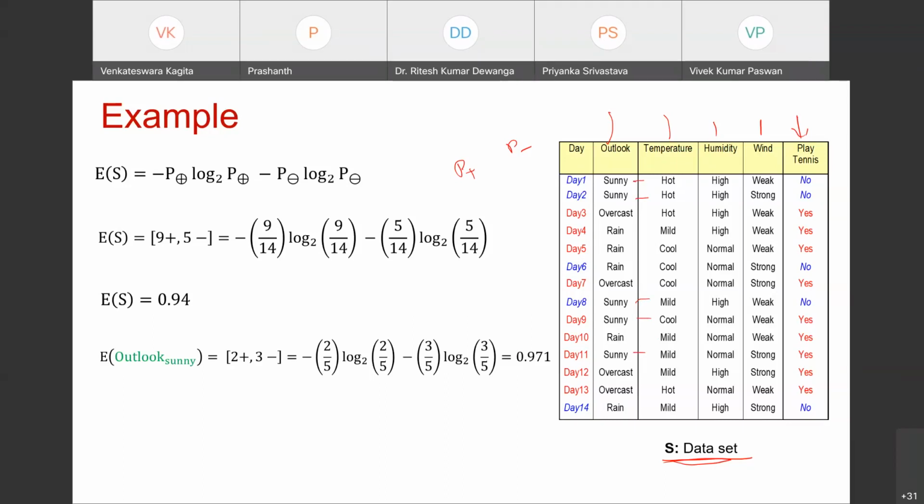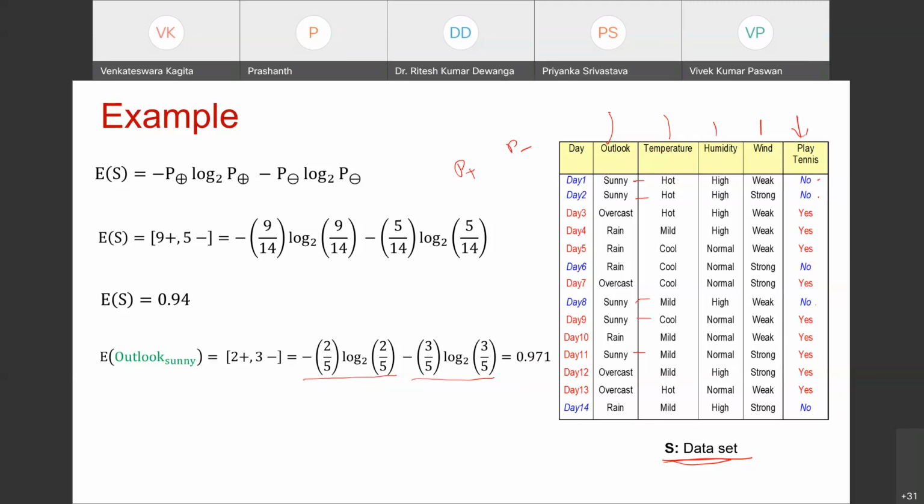How many of them are yes and how many are no? 3 of them are no, 2 of them are yes. So P positive is 2 by 5 and P negative is 3 by 5. Substitute and get the entropy: minus 2 by 5 log 2 by 5 minus 3 by 5 log 3 by 5. You would get 0.971. So this is the impurity with respect to this split.